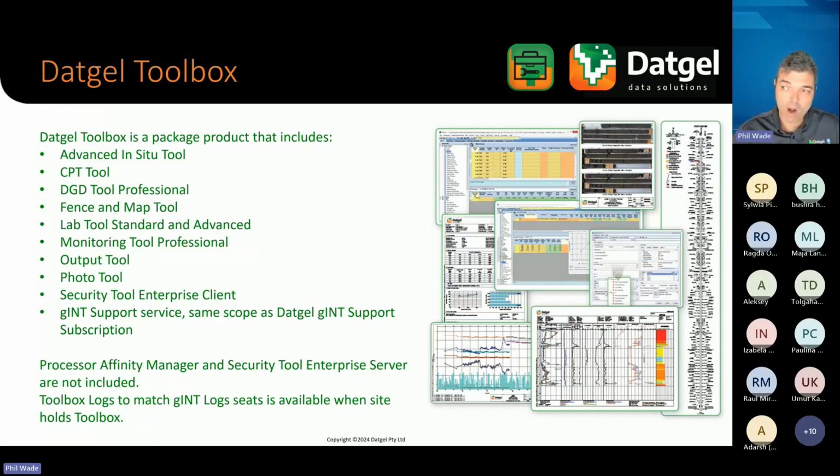So you can buy one thing from Datgel, one or two line items only, and you get all the products you need from us, and support. It does not include the Security Tool Enterprise Server and Process Affinity Manager, which are more utility server products. And this does come with a logs option if that's what you need.